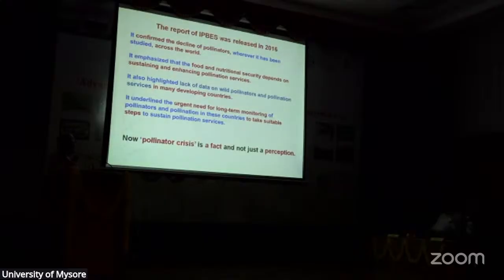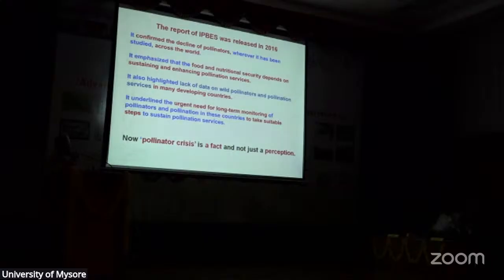Now, for this IPBES report, there were more than half a dozen scientists. They studied all these details for about 4 years, and the IPBES report was published in 2016. It confirmed the decline of pollinators wherever it has been studied across the world. It emphasized that food and nutritional security depends on sustaining and enhancing pollination services.